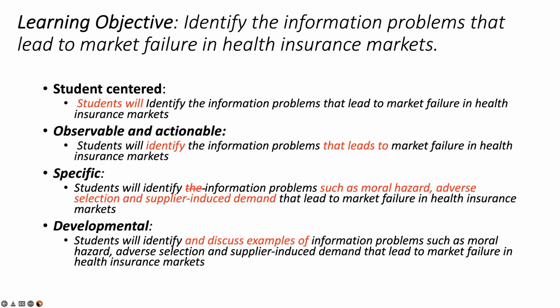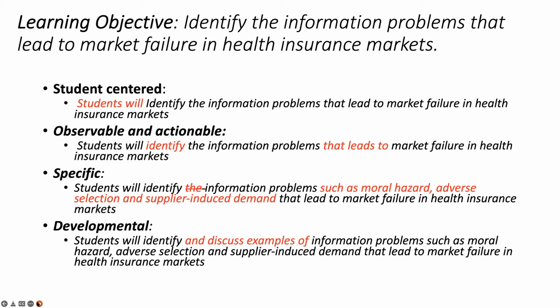Many of us, like I said, already do this at the beginning of our learning objectives, and then we list them. The next step, when you're re-looking at your learning objective, is to use the action verbs. So you pick from the list provided and make sure that your verb is observable and actionable. When I looked at my learning objective, I looked at the action verb there, identify. I looked at the list that I provided with all those different words.